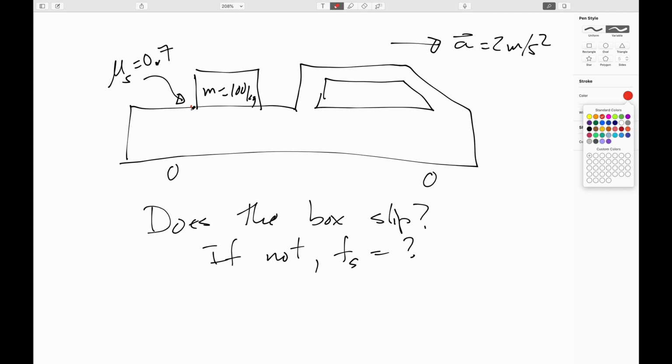So, all right, let's do our force identification diagram here. And we can look at this and we can see, all right, we're going through the surface of the pickup truck bed. There'll be a normal force. And there has to be a force of static friction as well.